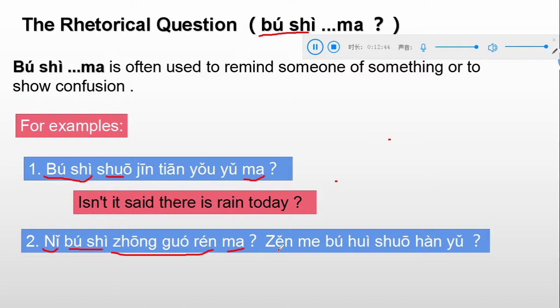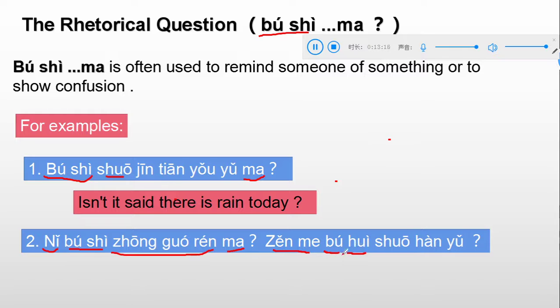Alright, second half. 怎么不会说汉语？怎么 means why or how come? 不会, 不 is a negative word. 会 has two meanings. One is will, like I will go to school tomorrow. And the second meaning is can, like I can eat chicken, I can drink coffee.